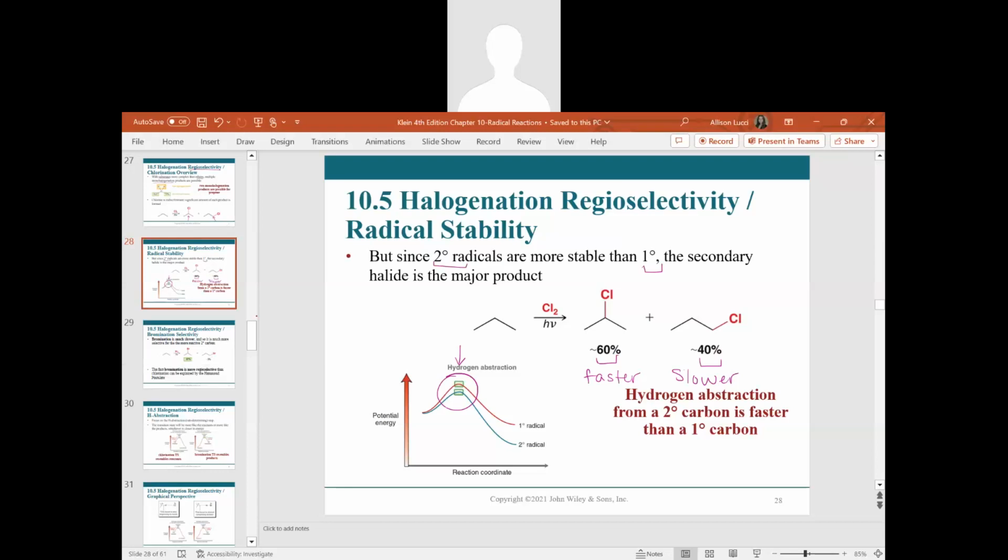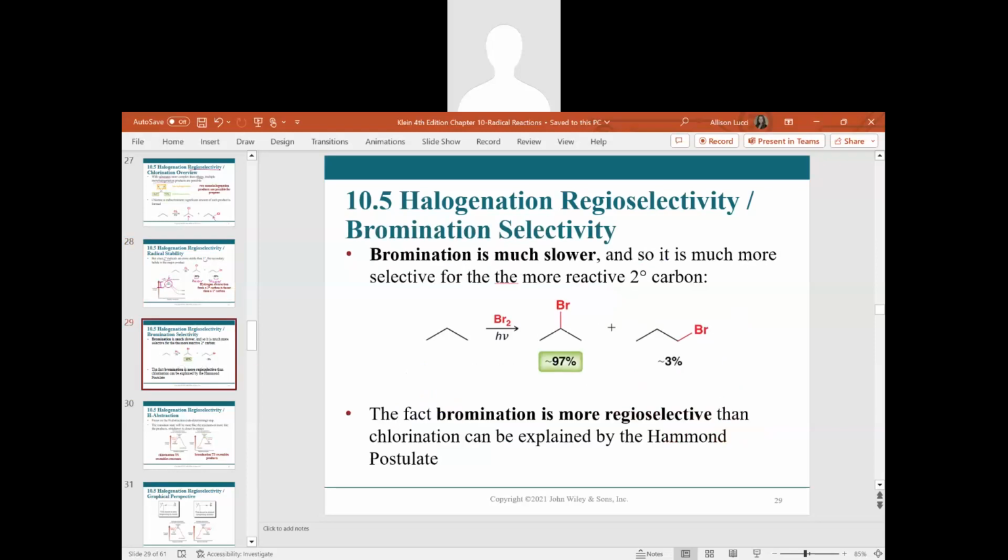So in general, chlorination is much less regioselective than bromination because of this smaller energy difference and overall faster reaction to go from reactants to our transition state. So let's look at bromination here.